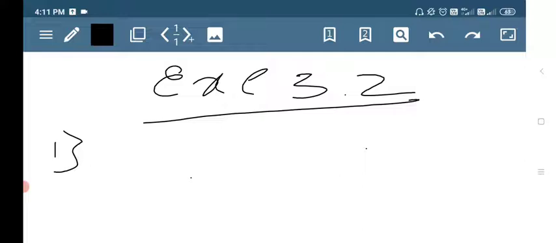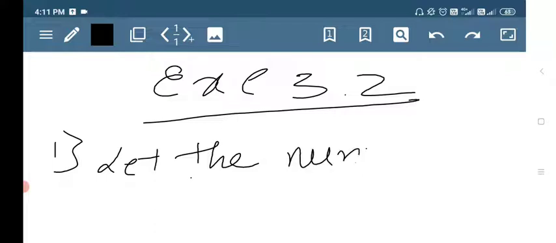Look at here, students. If you subtract 1 by 2 from a number, the number is not given here, so let the number be x.